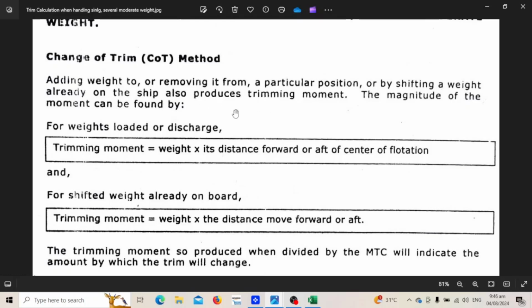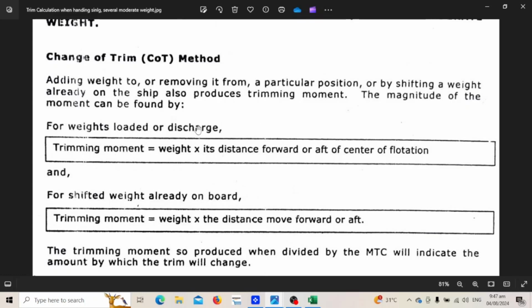So it's either by loading cargo or taking out, or unloading the cargo, and when the cargo is already on board, you shift it from one place to another, which would have a distance, and it will have a trimming moment.